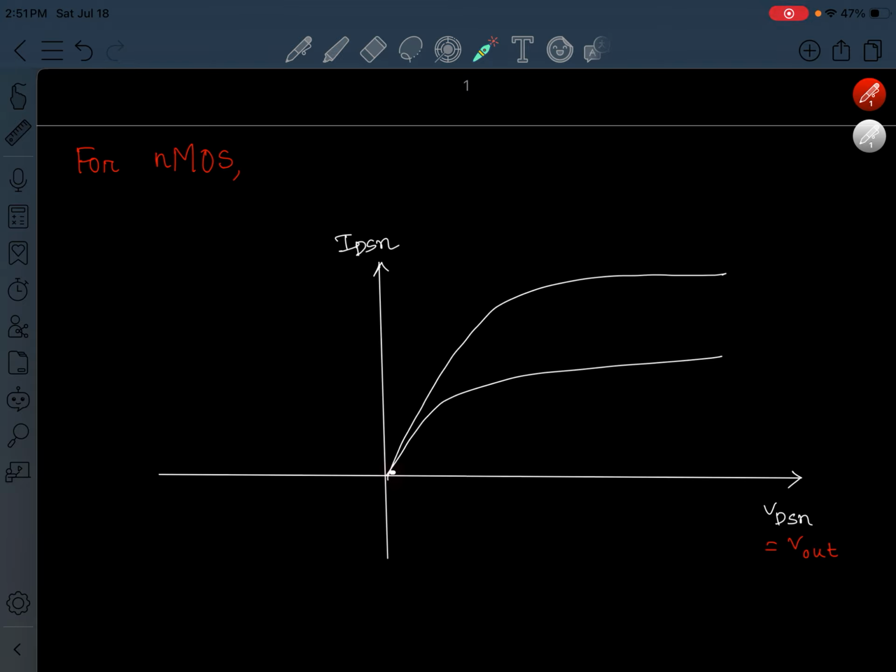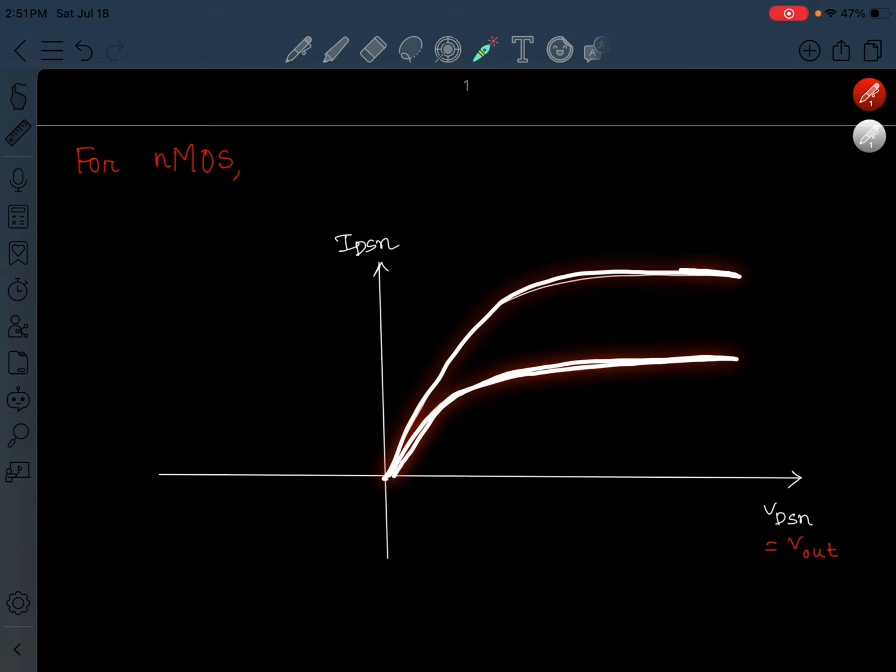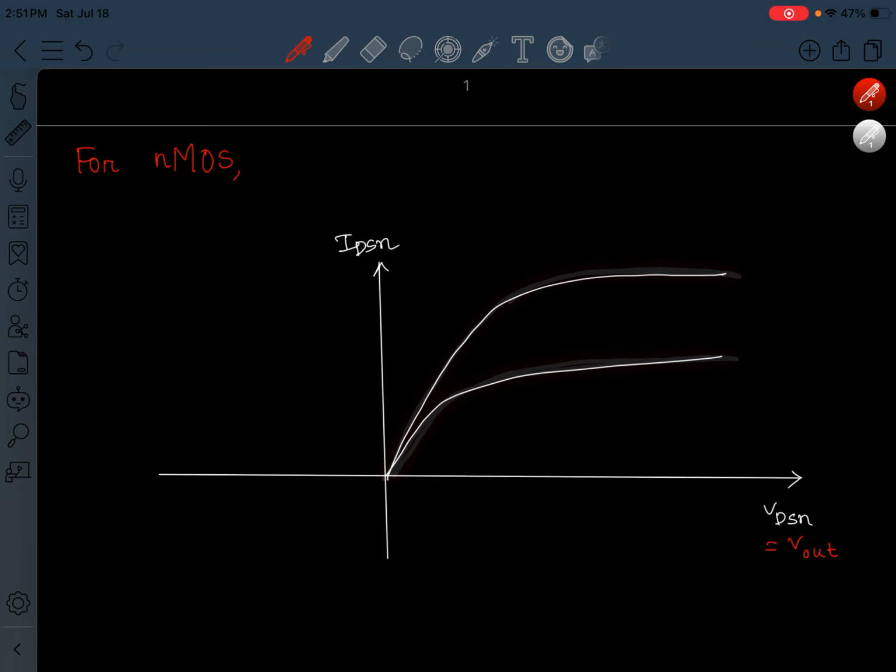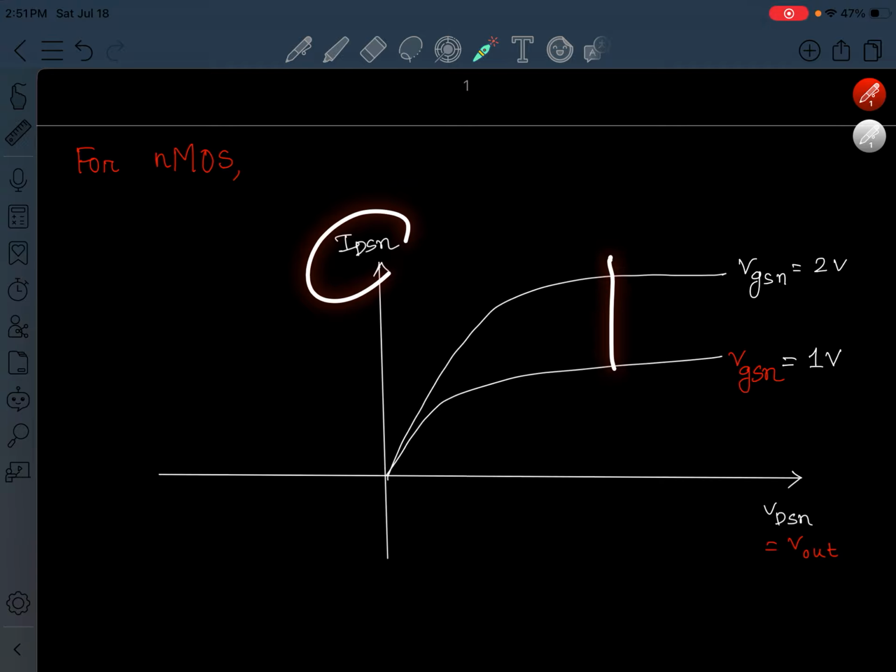This lower curve is for lower gate source voltage, and the upper curve is for higher gate source voltage. Let's say this is for 1 volt gate source voltage, and this is for 2 volt. The higher the gate source voltage of NMOS, the higher the drain source current.